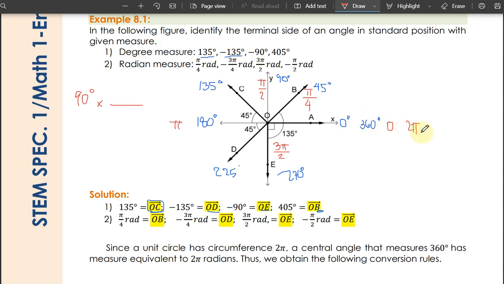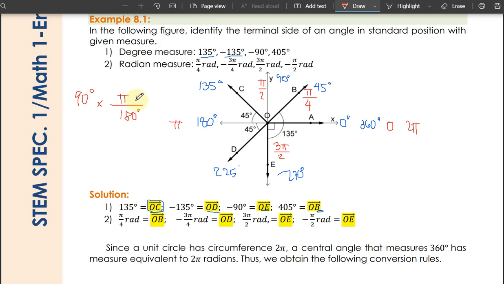So if you use 2 pi, the degrees you should use is 360 or its equivalent. The equivalent of 2 pi is 360. So to make it simpler, we just reduce it. So 2 over 360 is just equal to 1 over 180. So we are going to multiply it by pi over 180 degrees.